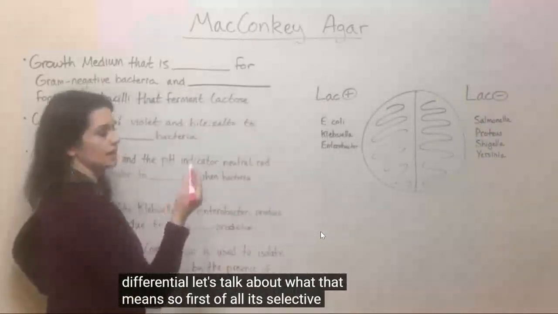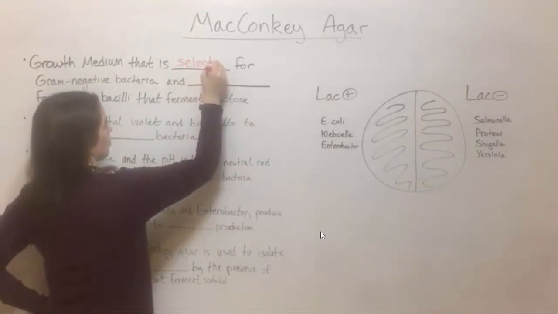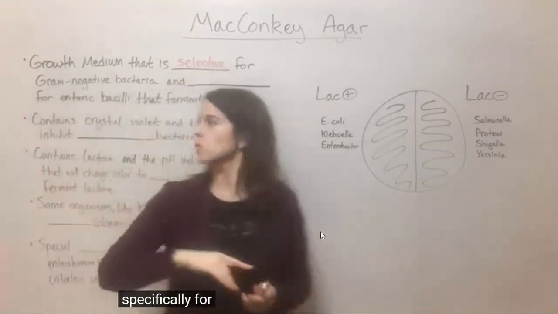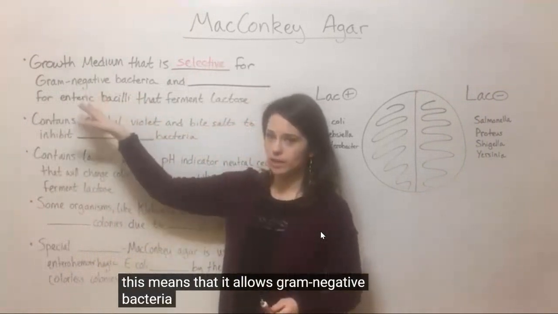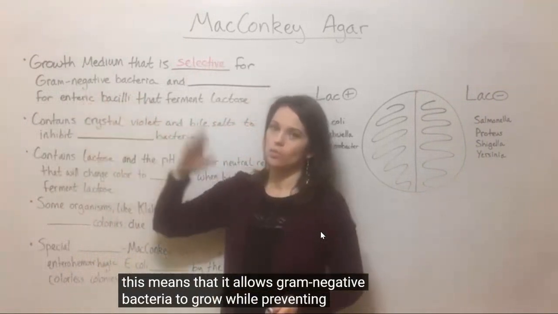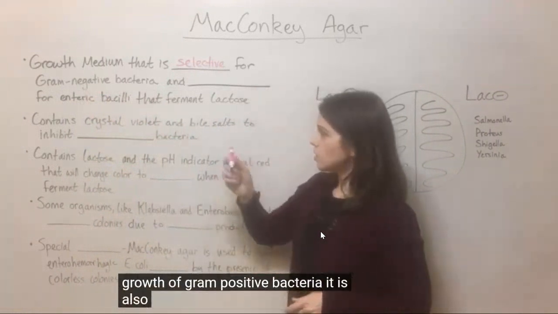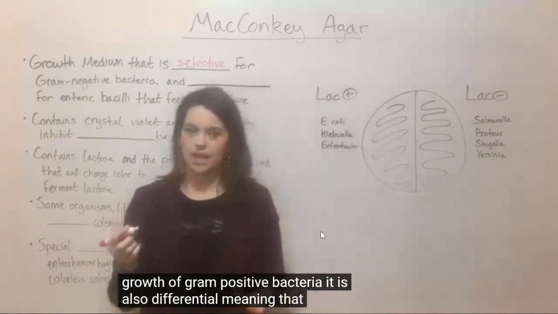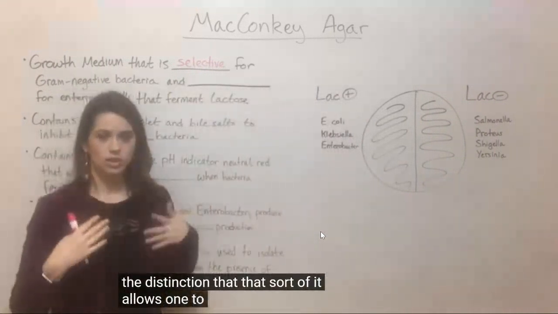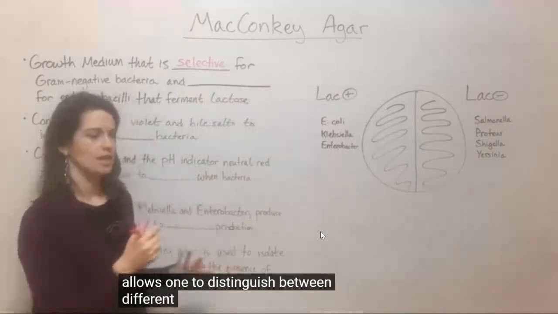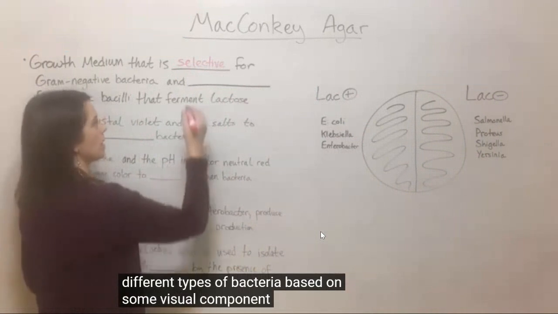So first of all, it's selective specifically for gram-negative bacteria. This means that it allows gram-negative bacteria to grow while preventing the growth of gram-positive bacteria. It is also differential, meaning that it allows one to distinguish between different types of bacteria based on some visual component.